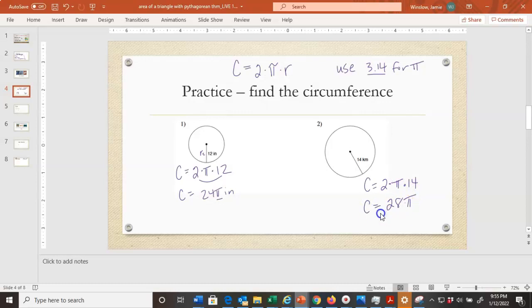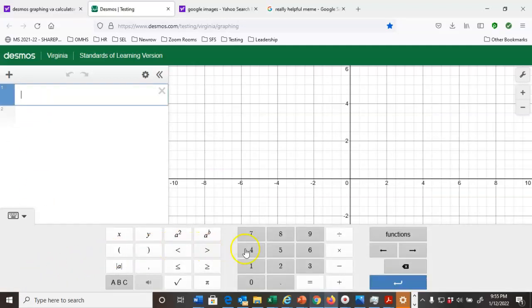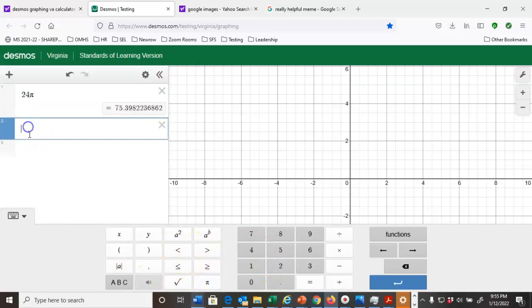So I'm going to go to my Desmos graphing calculator and type 24 pi and see what I get. All right, let's come up here. You can type 24, and here's the pi button. I think also you can just type the word pi. Yep. So that's so funny because I'm on the keyboard and I typed pi and it turned it into the symbol. That's great.